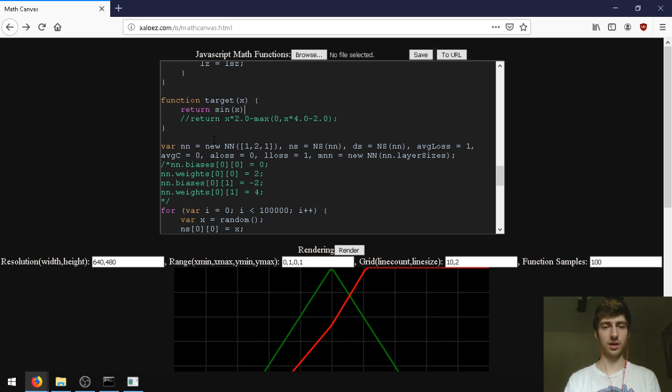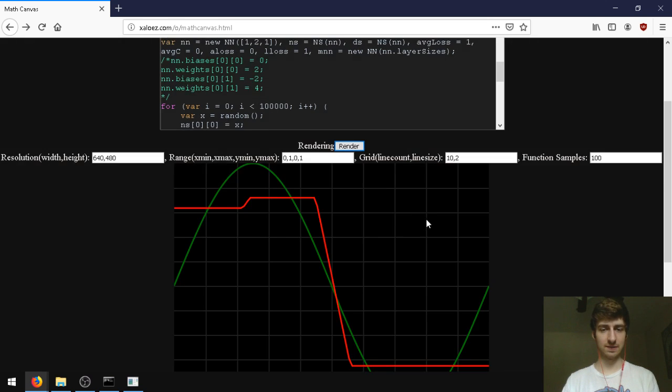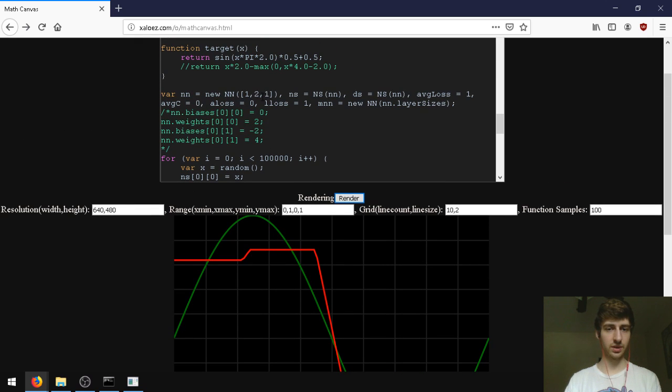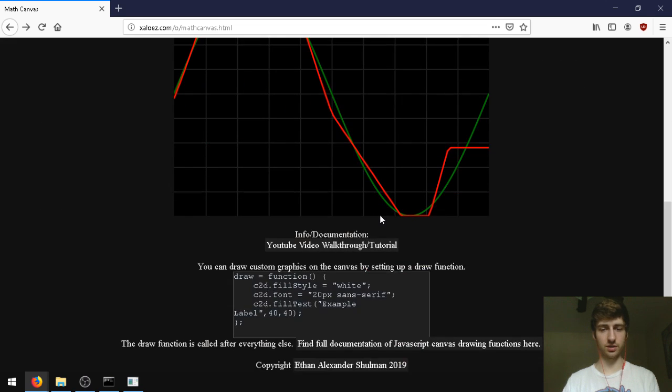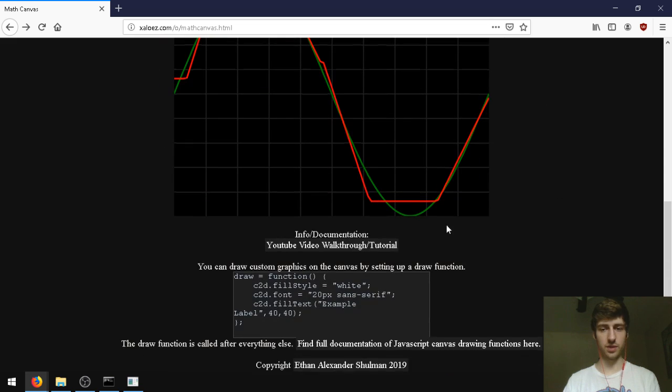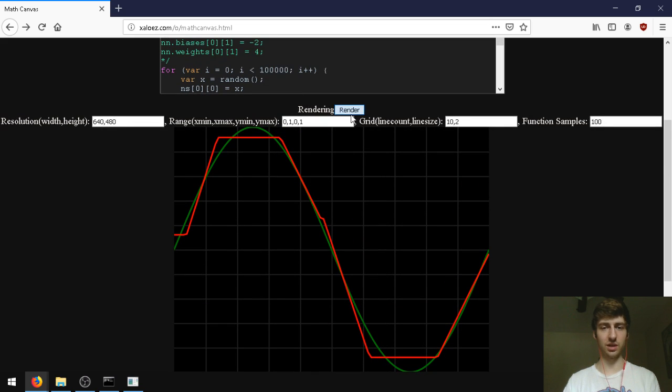So sine x times 0.5 plus 0.5 times pi times 2. All right, so that's the neural net's approximation of it. To make it better, I need to add more hidden neurons. So there you can see with a few hidden neurons, it gets it pretty well.